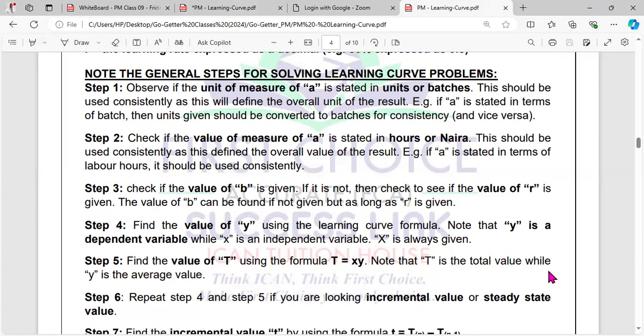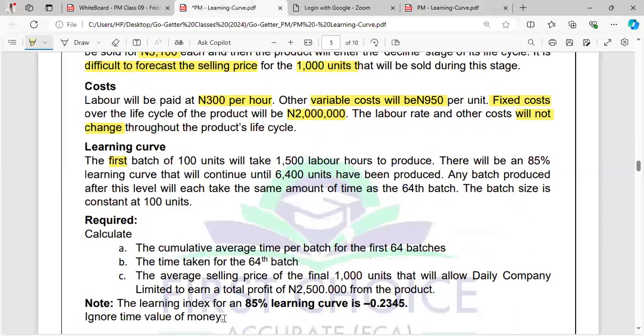So let's look at this question again. The first batch. So our unit of measure is batch. Now they say the first batch of 100 units. So a batch is like a crate. Now this crate is taking 100 units per crate or per batch.